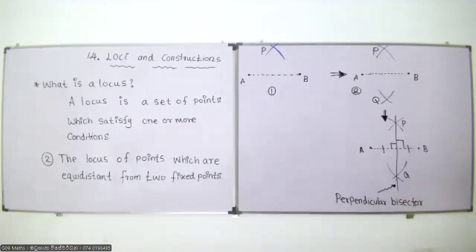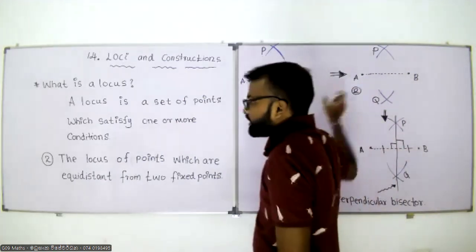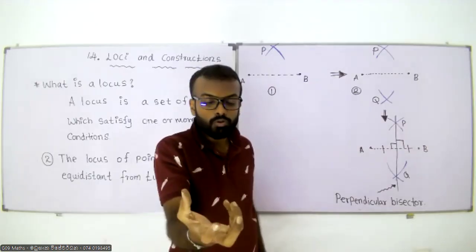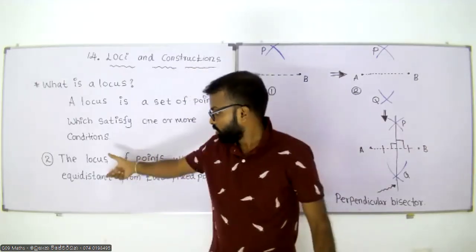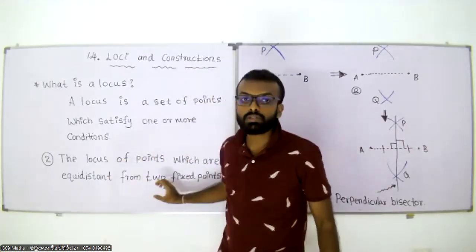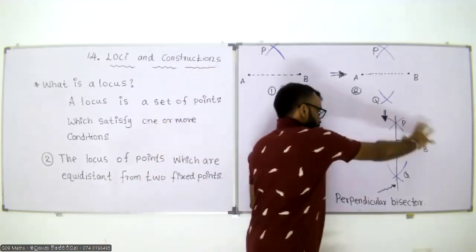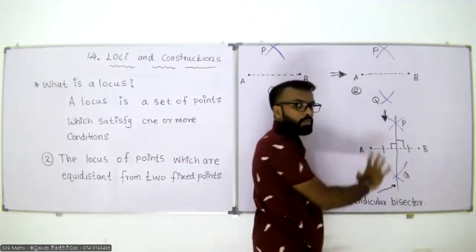I have explained it step by step, but in the exam, when they ask you to draw this locus of points which are equidistant from two fixed points, you just have to draw only this one. No need to draw this step by step.